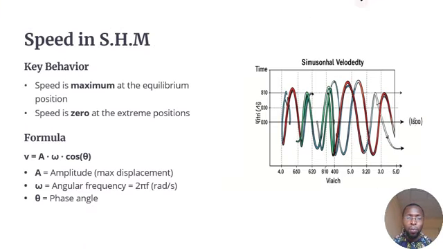Now, what do we observe in the speed? In simple harmonic motion, in the speed part, speed is maximum at the equilibrium position, like I drew earlier for that of the simple pendulum. Now this is the equilibrium position, and these are the extreme ends of it.